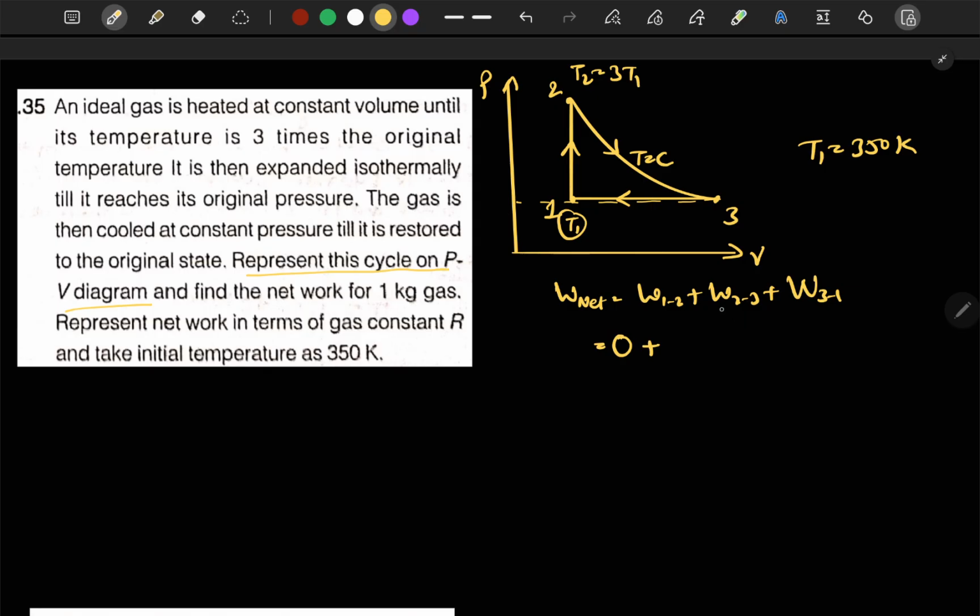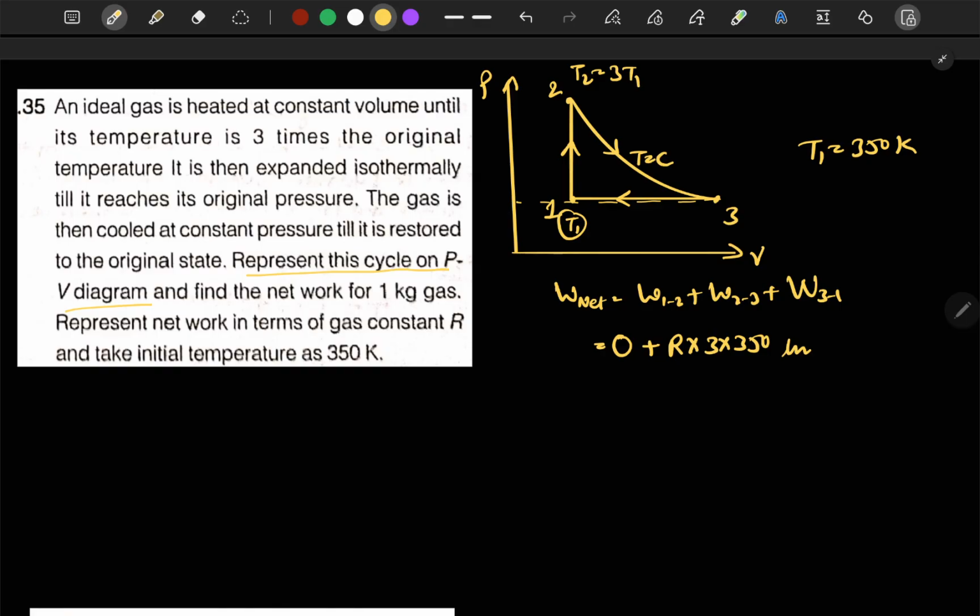From 2 to 3, we can calculate it by using PV C ln V2 by V1. Okay, so here we can use mRT. Okay, m for 1 kg, R into T2. Value of T2 is equal to 3 times T1, 3 into 350 ln of V2 by V1 or P2 by P1.